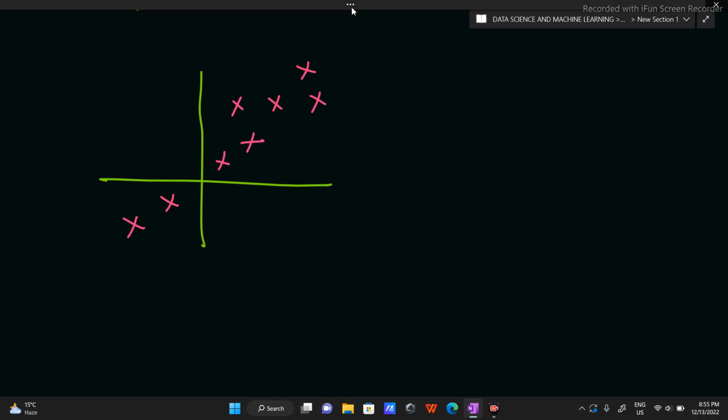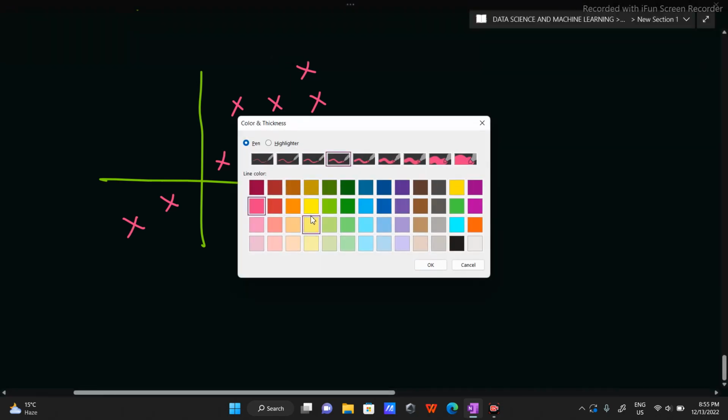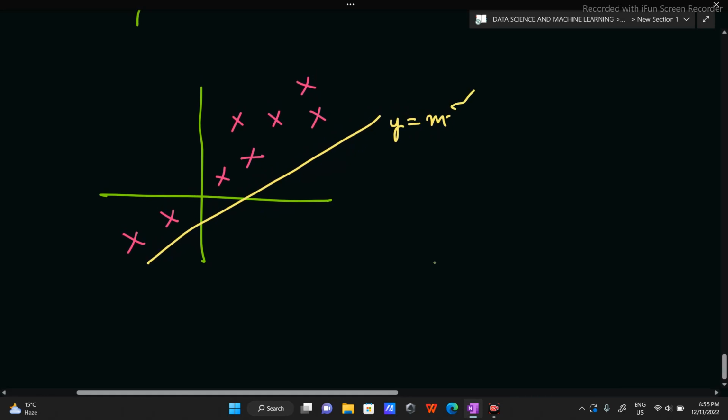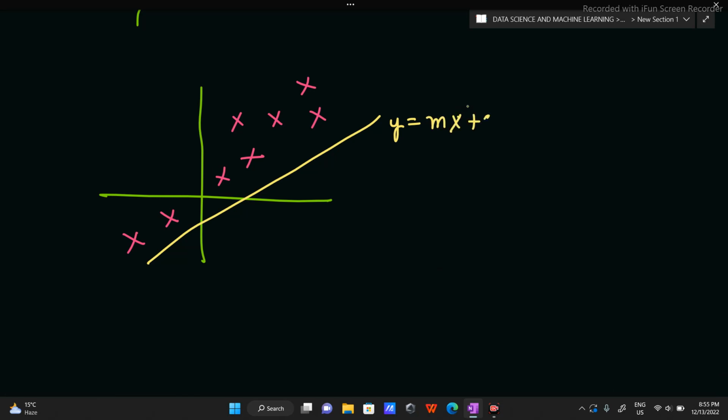What my model does is randomly pick a line like this, and let's say this line is again y equal to mx plus c. This is a randomly initialized line.